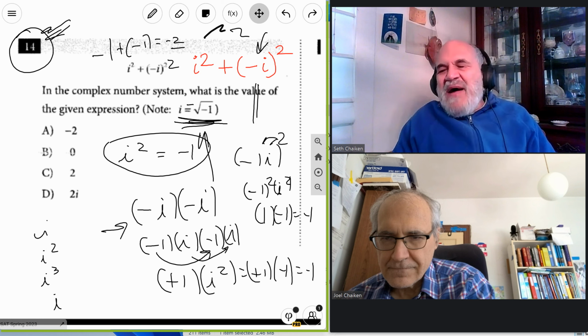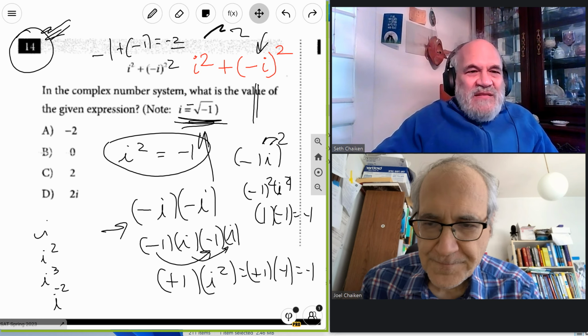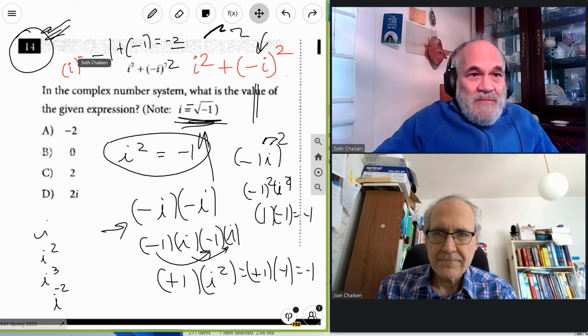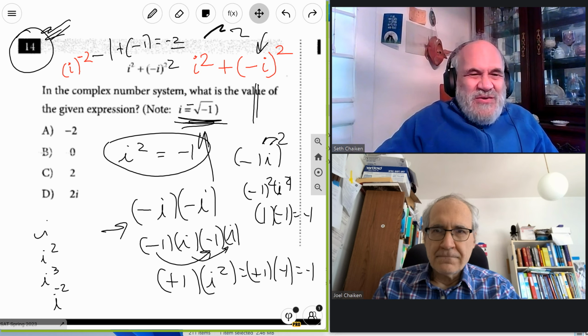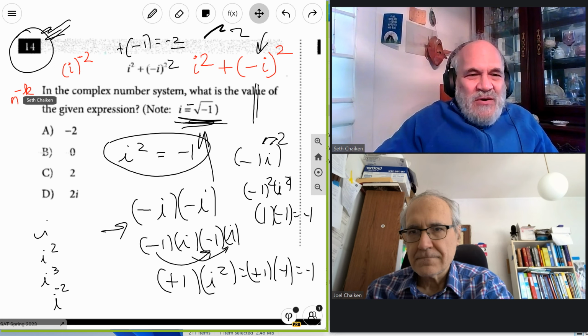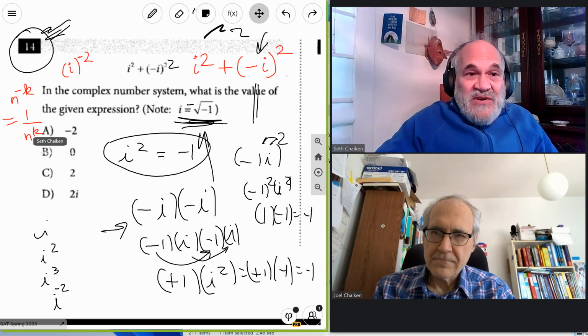Well, if you have a negative power of i, like i to the negative 2, the general rule is that n to a negative power is equal to the reciprocal of n to the positive version.